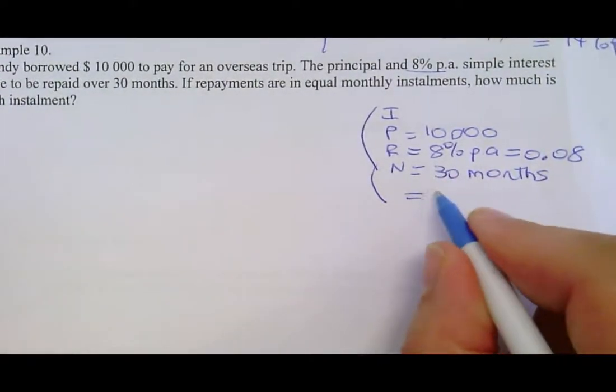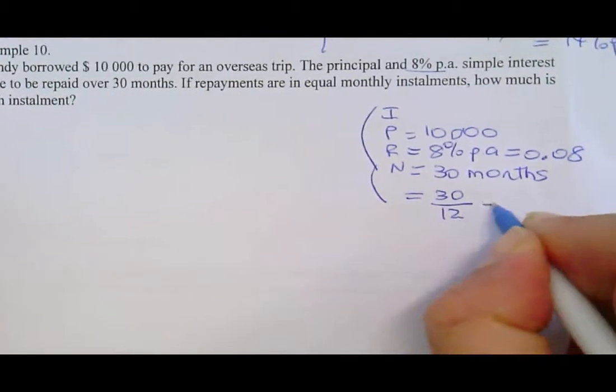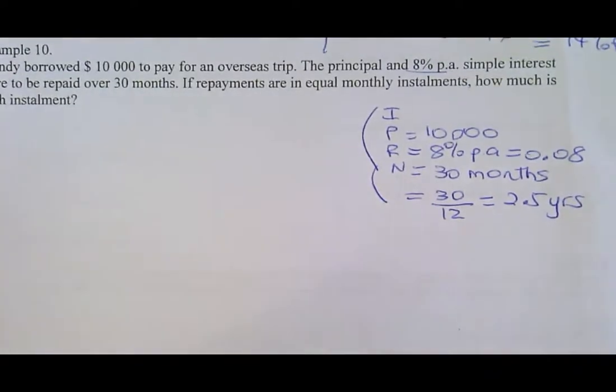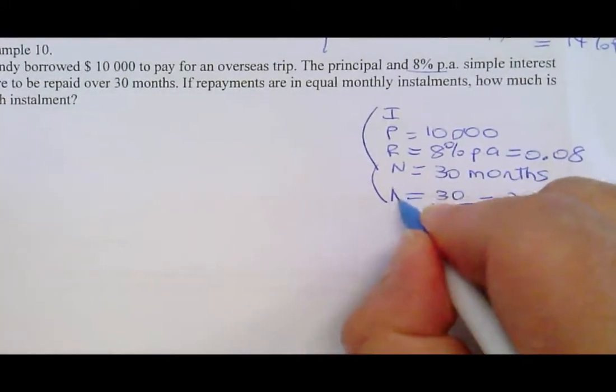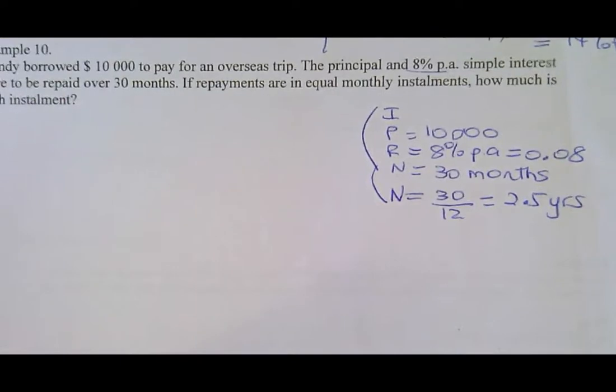So I don't want months. I need it as years. It's 30 divided by 12. It's 2.5 years. Now the interest rate is per year and my time period is in years. You cannot use the simple interest formula if R and N are not matching units.